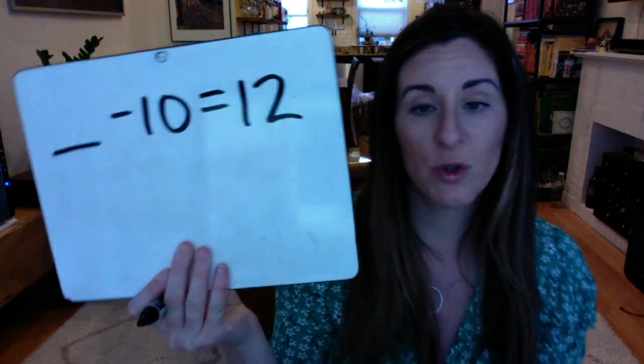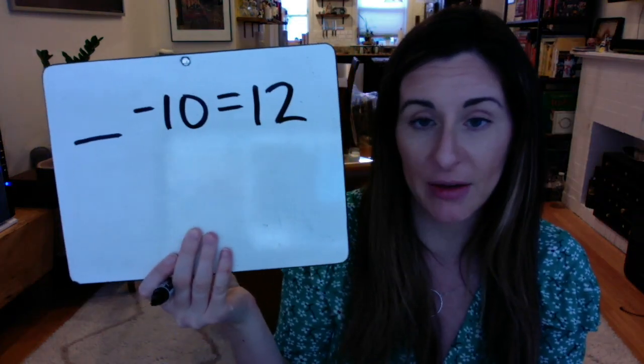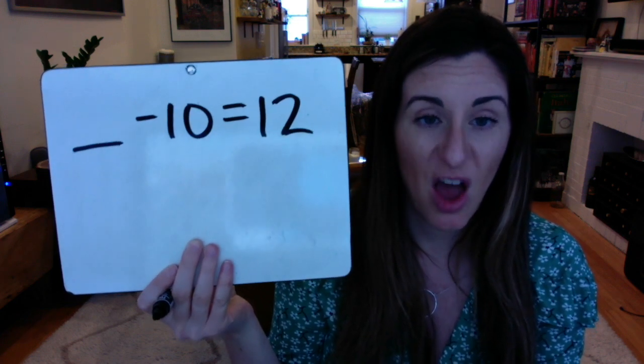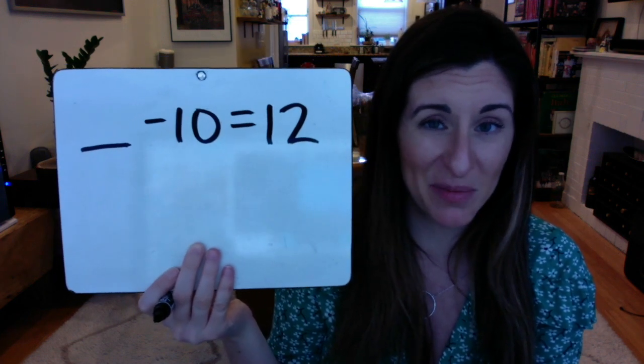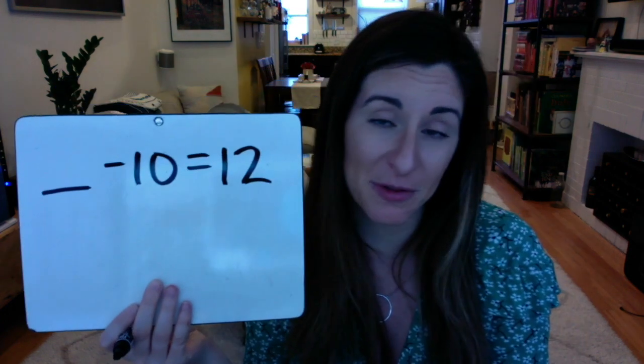So we said something minus 10 equals 12. Something minus 10 equals 12. Our job is to figure out what that something is. I like to flip it around to make it a number sentence that goes the other way. It makes it a little easier for me to visualize.